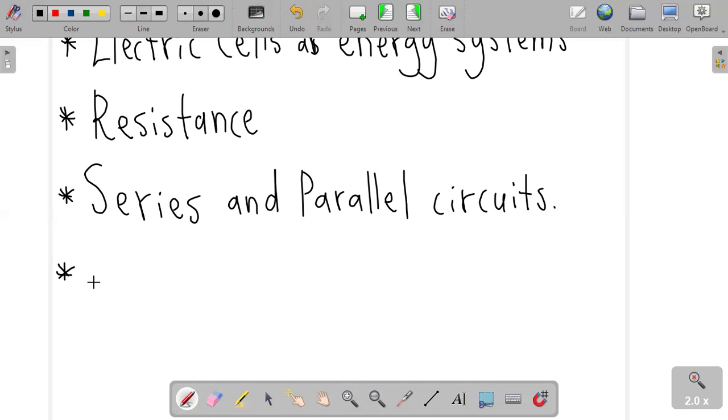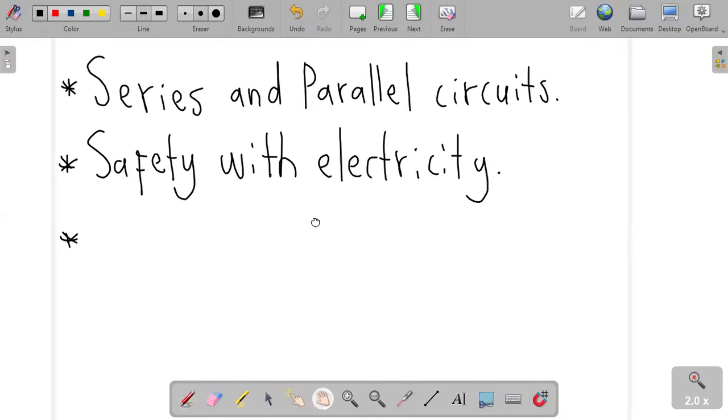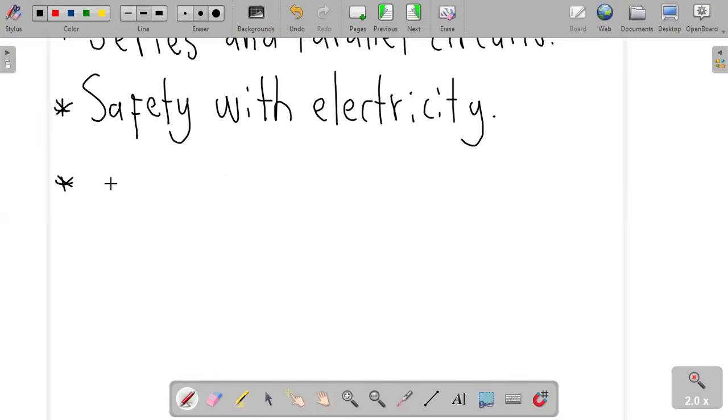And then followed by safety with electricity. So this one you can just say electrical safety, I think, just to shorten the name.